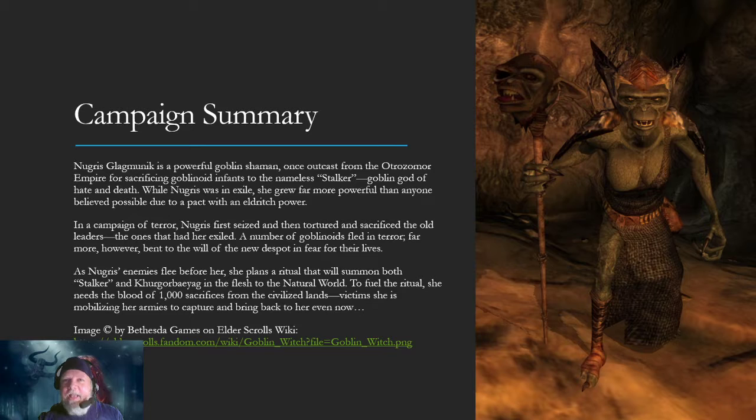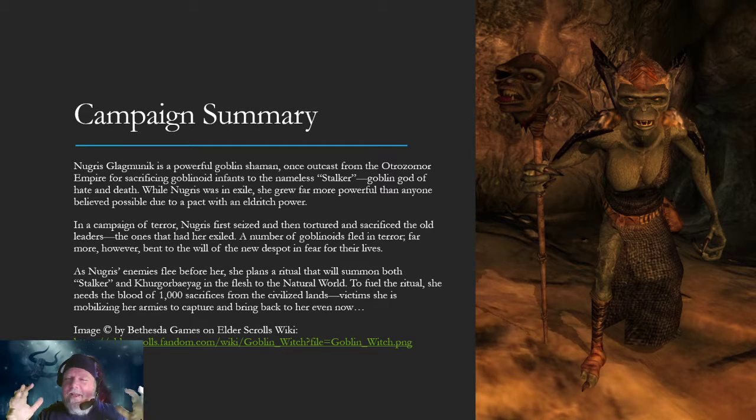And the theme is going to be sort of a resurgence of Goblinoid power that hasn't been seen perhaps in recorded history. So that's the kind of thing that we want to deal with today.